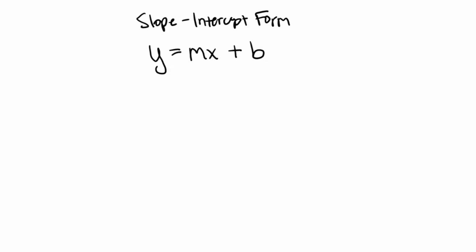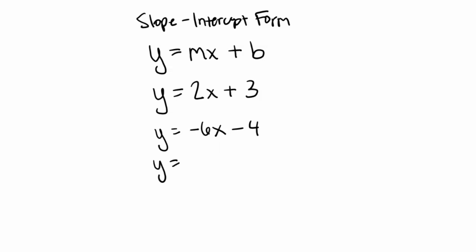M and b represent numbers. Your x and y in your equation are still going to be x and y. So for example, this would look like something like y equals 2x plus 3, or y equals negative 6x minus 4, or y equals, you can have fractions too, 1/2 x plus 5.